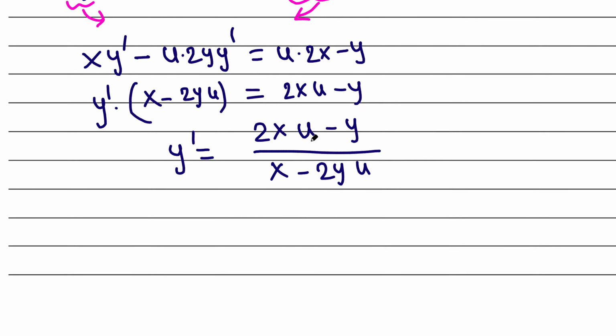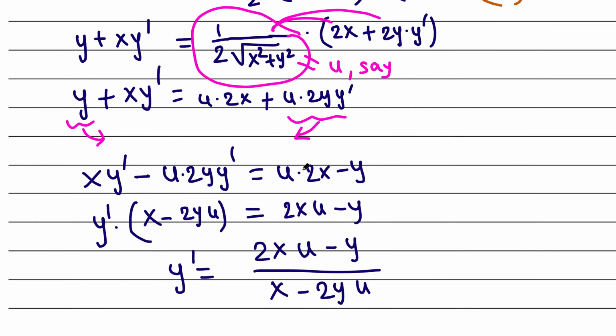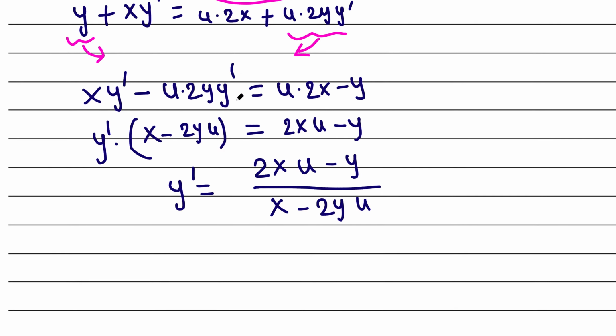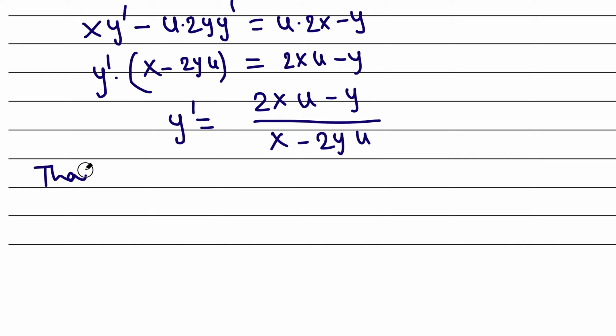Okay, now we need to write u, because u is just this. So y prime, meaning dy over dx, equals this, or you may leave it here and say where u is that.